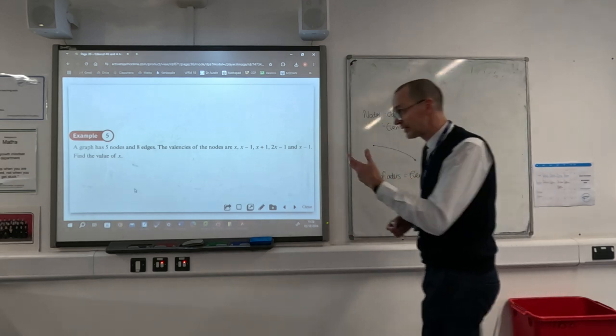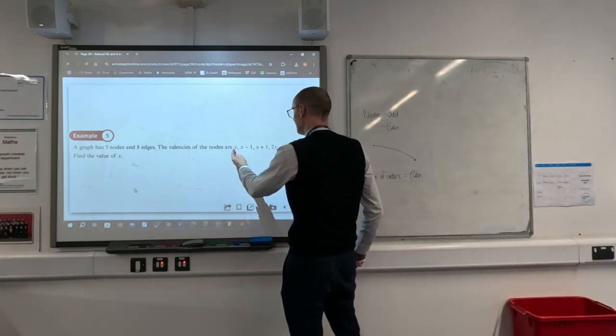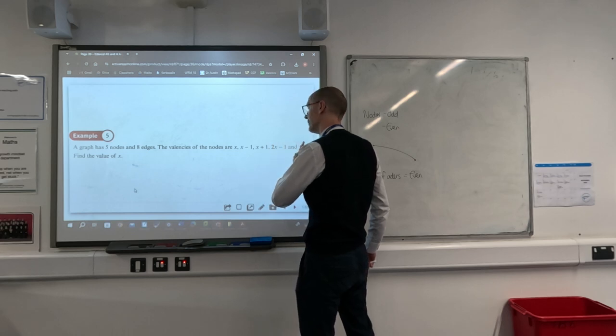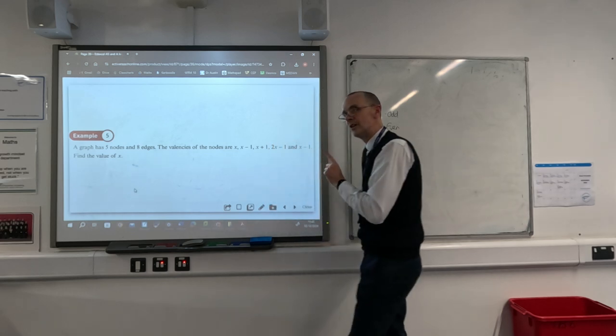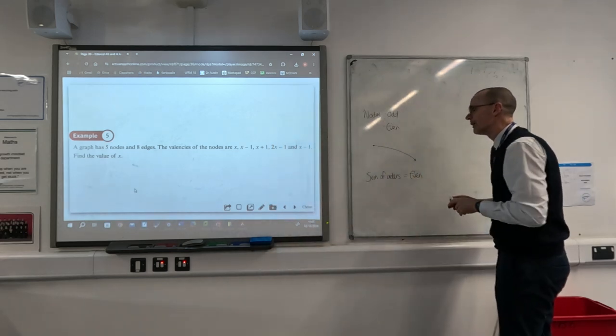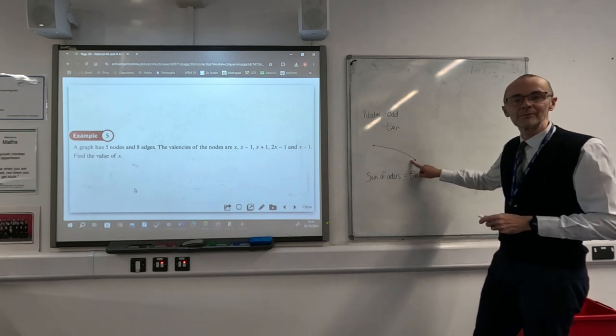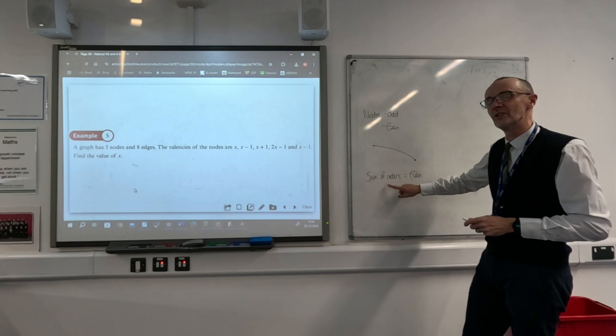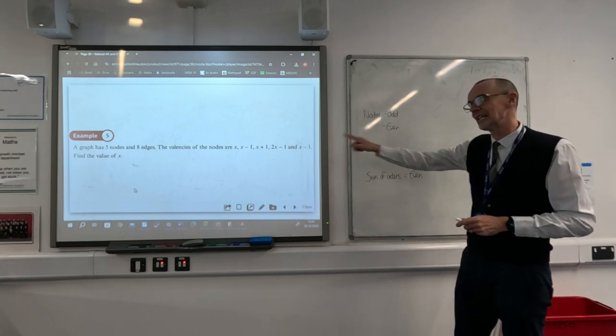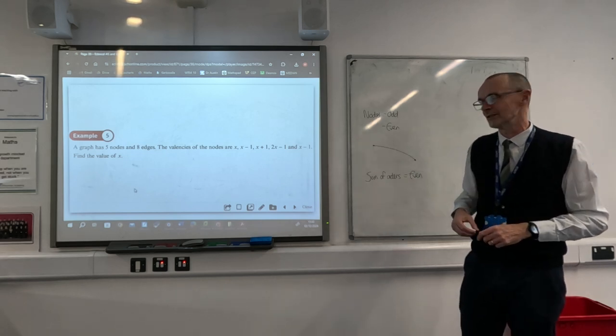And the valencies, the orders of the nodes, are x minus 1, x plus 1, 2x minus 1, and x minus 1. Find the value of x. So what we're talking about is a network where there are 8 of these. So that should tell you something about what the sum of the orders is and allow you to solve that problem. Go on, have a go.